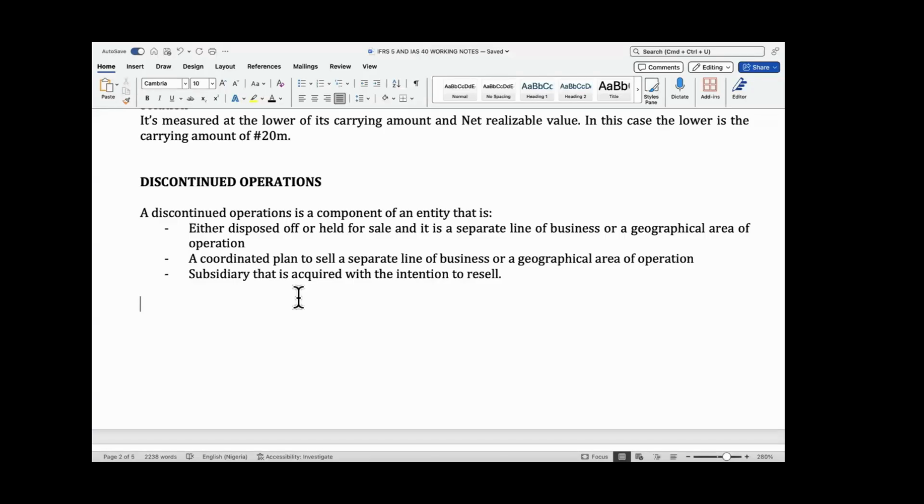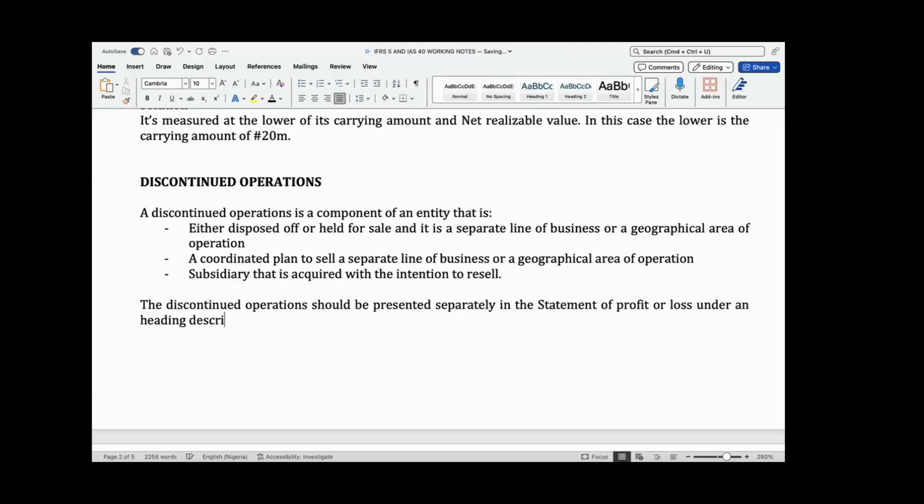Okay. So, when you have discontinued operations, majorly, you are expected to present the discontinued operations separately in the statement of profit or loss, under a heading described as discontinued operations.